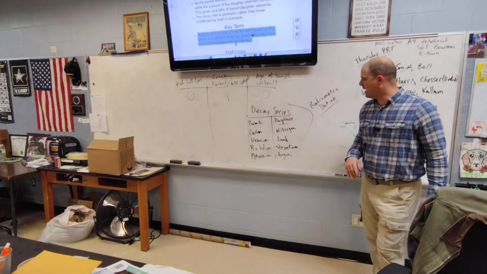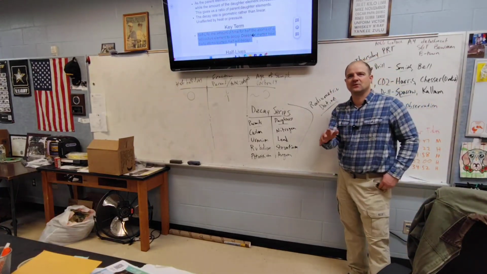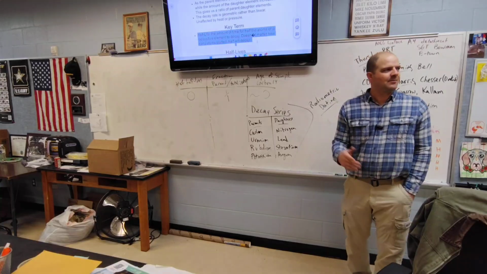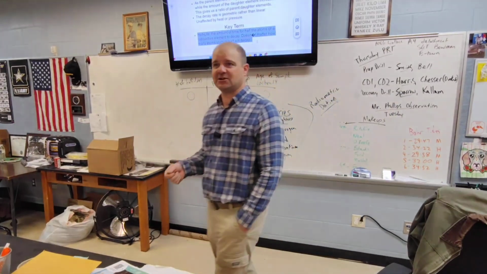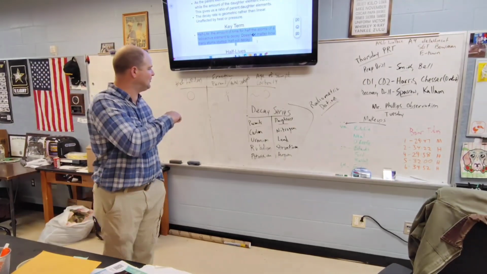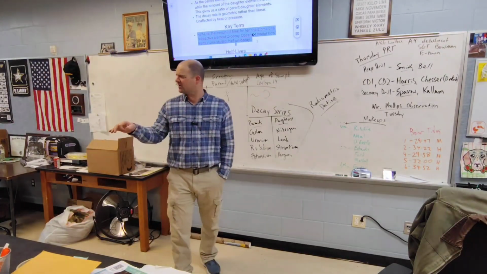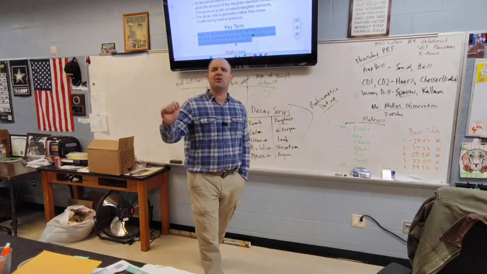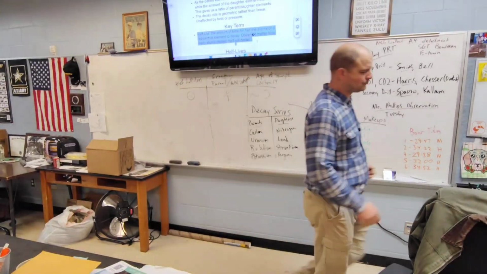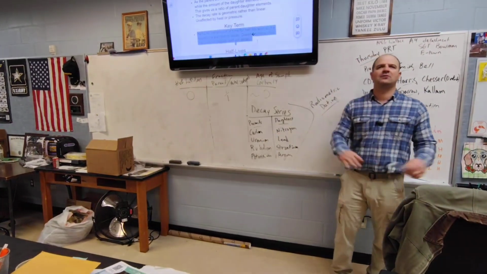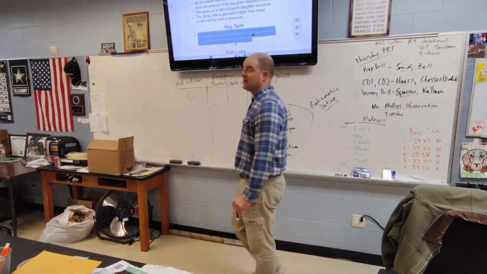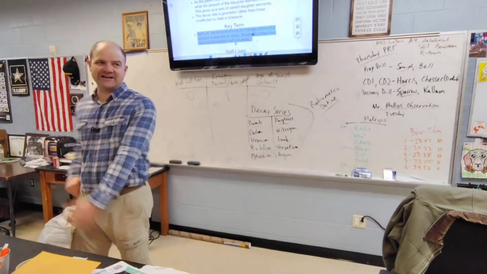One last thing, because you guys are probably one of my top 2 classes as far as speed and picking stuff up, so I'll give you a little extra. If you find these on the periodic table, do you still have your periodic tables in your notes? Either pull them out or just look at the one on the back wall. Find carbon and nitrogen. Where are they in relation to each other? Right next to each other.